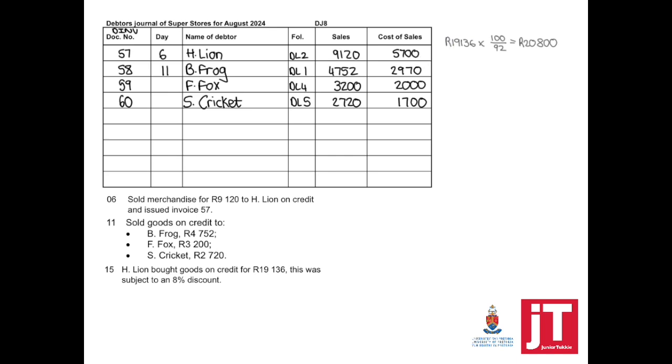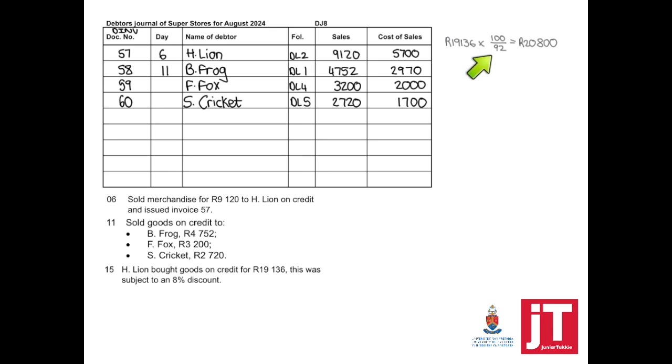19,136. But now you need to remember that the cost is always calculated on the original selling price. So to find the original selling price, we have to, step number 1, take the selling price after the discount times 100 divided by 92.